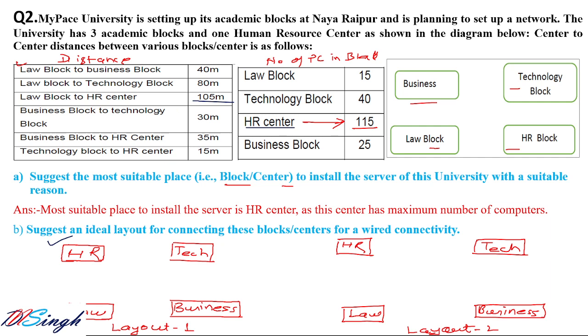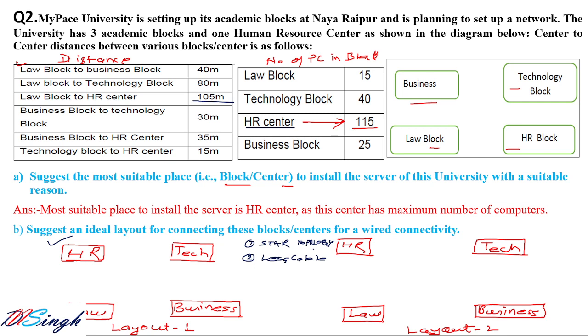So we are not going to take it, because we have two parameters. The first parameter is star topology, and the next parameter is less cable requirement. So we will go for star topology first, then for less cable.